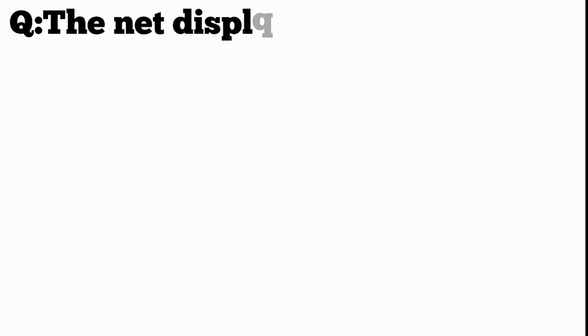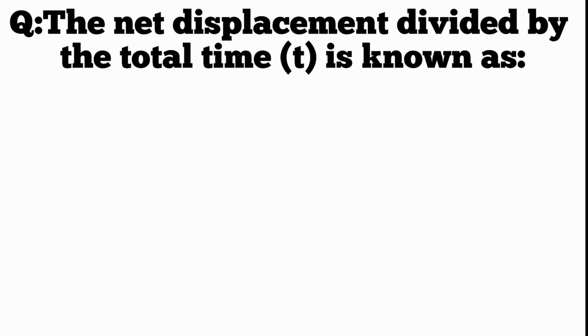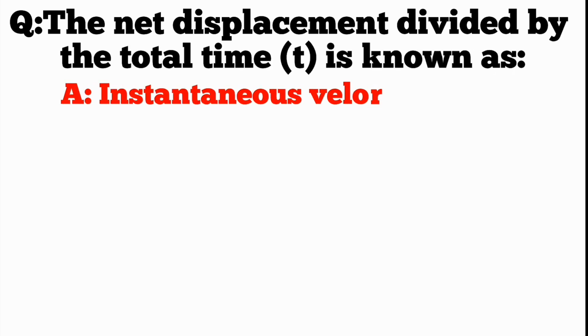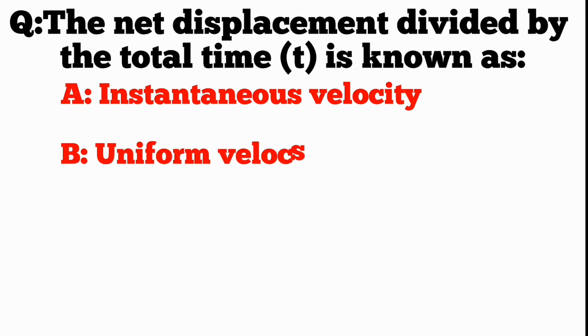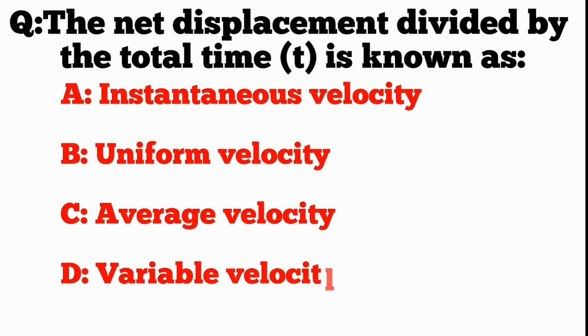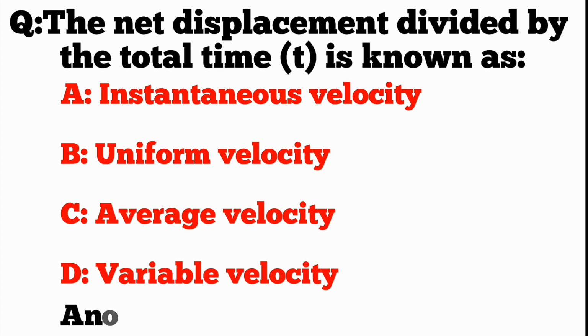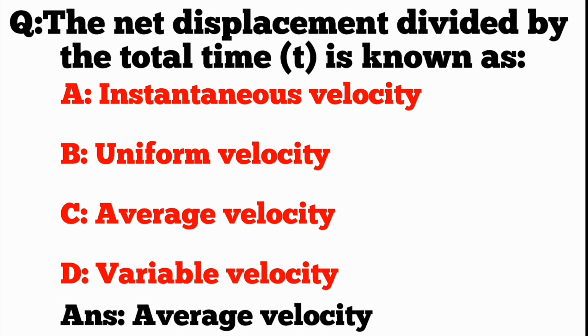Q. The net displacement divided by the total time t is known as: A. Instantaneous velocity. B. Uniform velocity. C. Average velocity. D. Variable velocity. Answer: Average velocity.